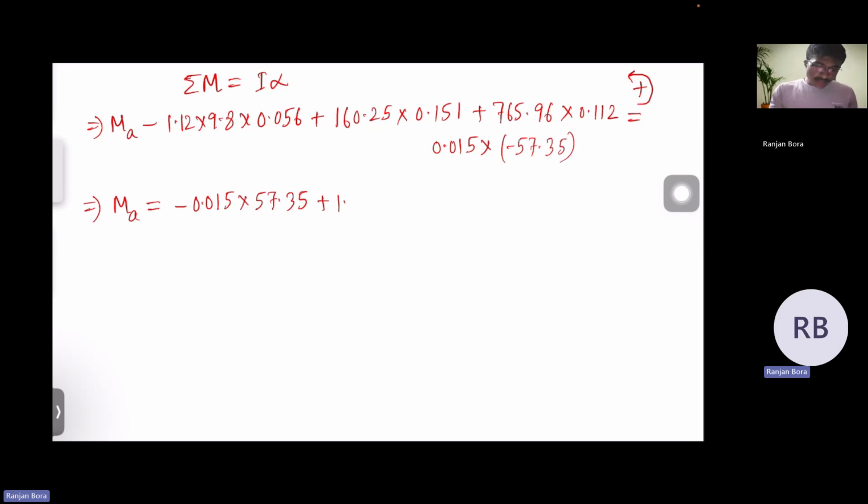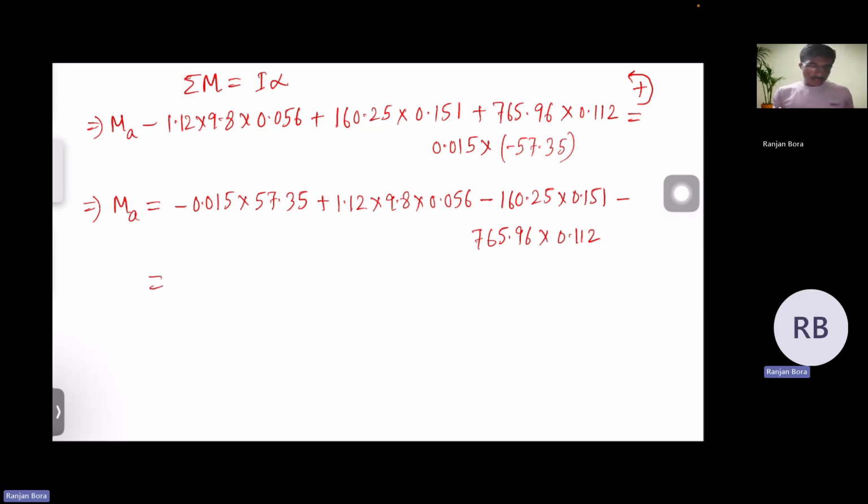So it will be plus 1.12 into 9.8 into 0.056. Next term will become minus 160.25 multiplied by 0.151. Next term will become minus 765.96 multiplied by 0.112.